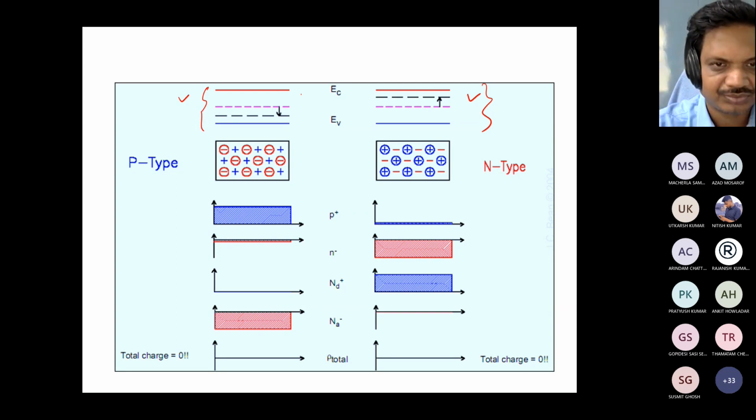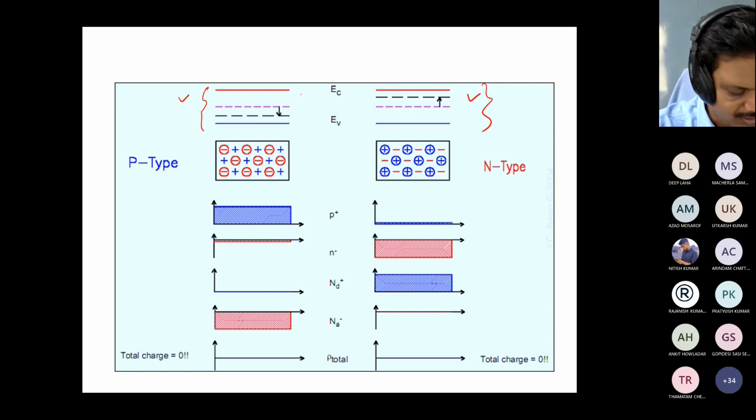The first one is for p-type, and this one is for n-type.